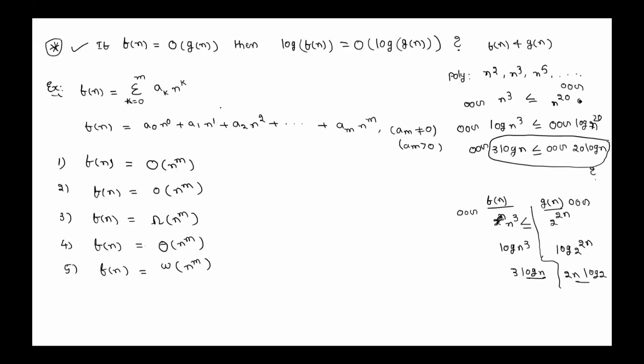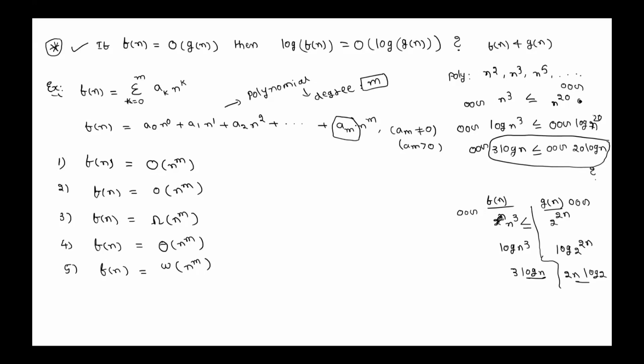So what is given to us? It is a polynomial whose degree is m, and we know that this coefficient is not zero.